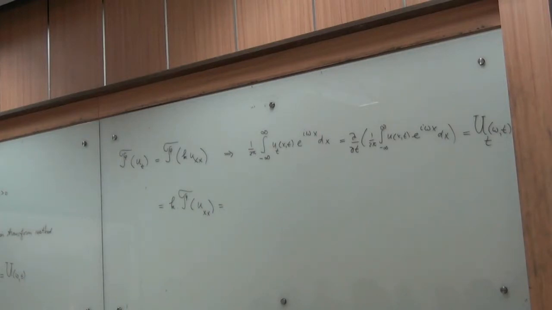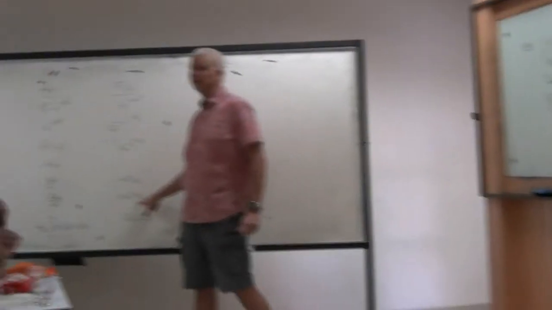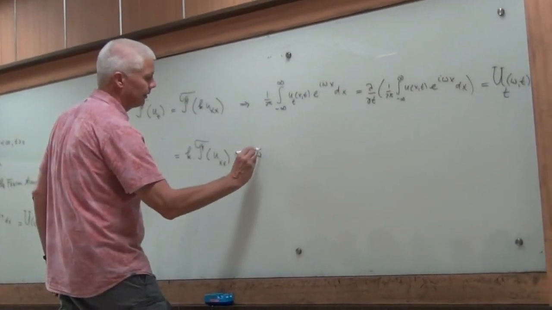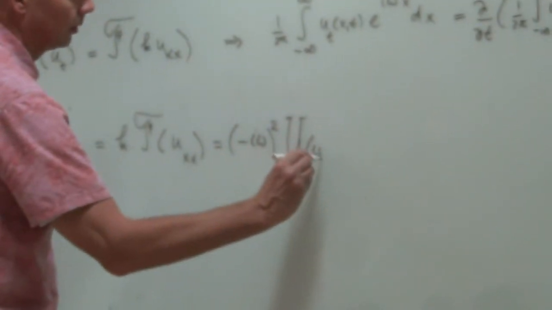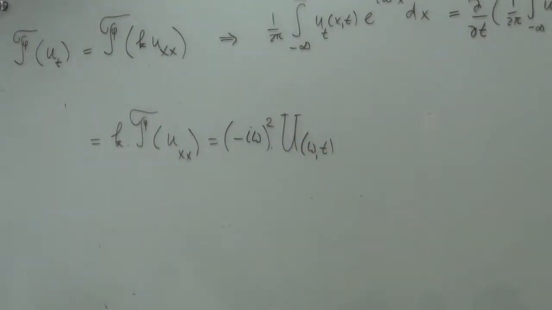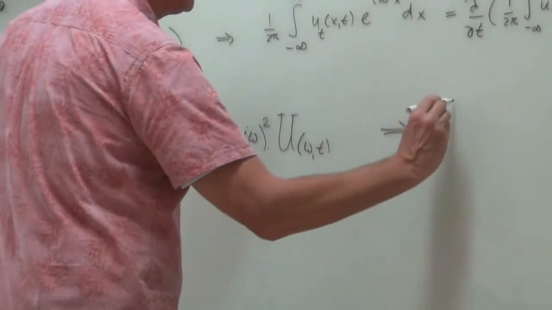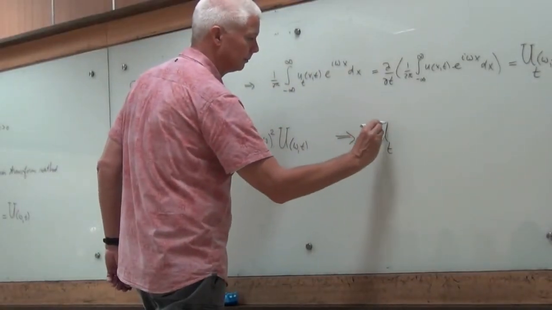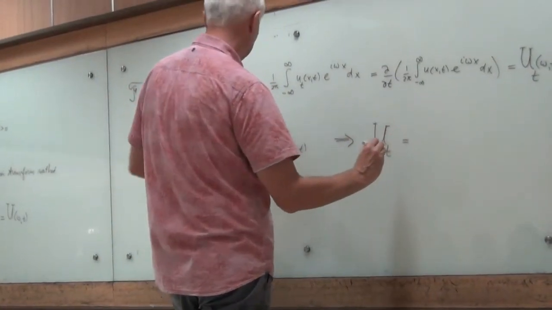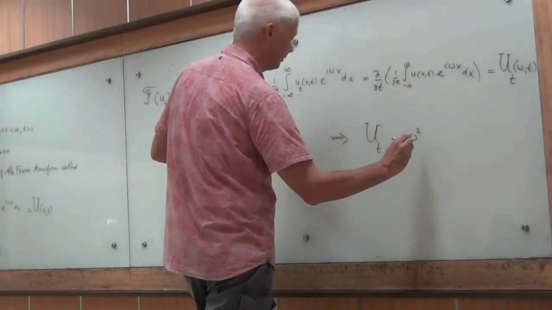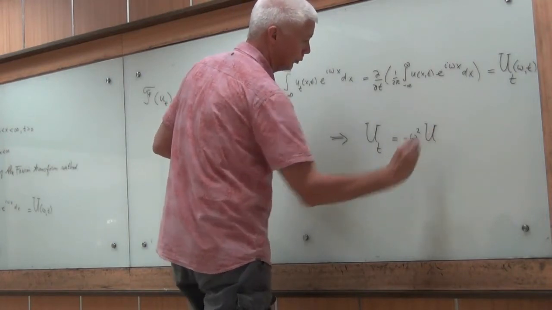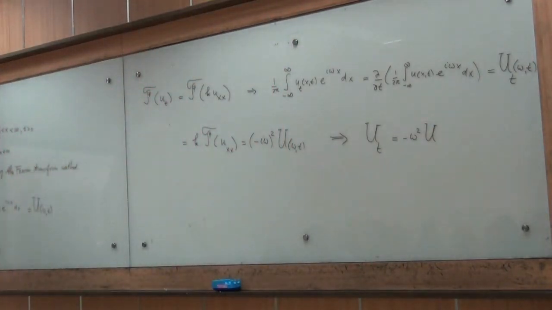So I will get minus I omega squared, because I have the second derivative, times big U. So this will give me minus I omega squared U(omega,t). So my partial differential equation now becomes U_t is equal to minus omega squared U.